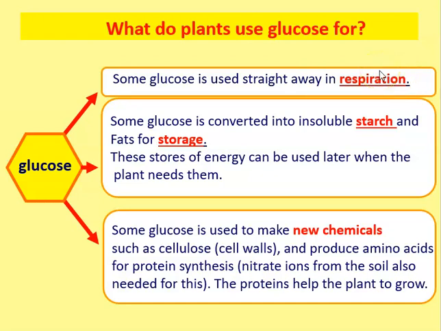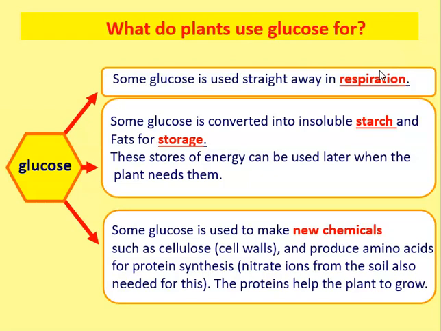Some of the glucose will be stored as starch, which is insoluble, and some will be stored as fats. And they can be used later if the plants need them, so that they will be there as a storage molecule, so they'll be there for energy. Now, others that are important for you to know is that glucose can be used to make new chemicals such as cellulose. So cellulose is a chemical that makes the cell walls, and it can also be used to produce amino acids to make proteins.